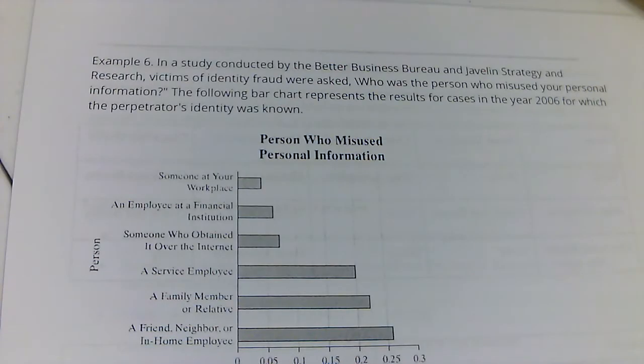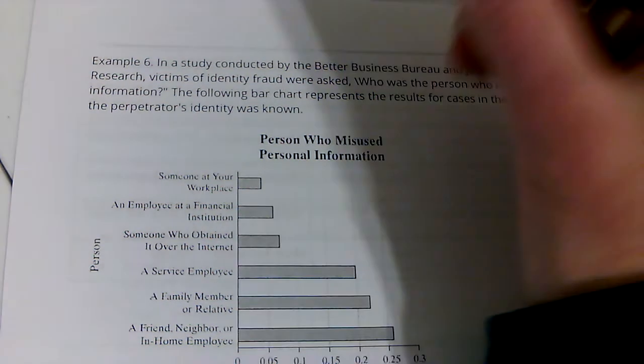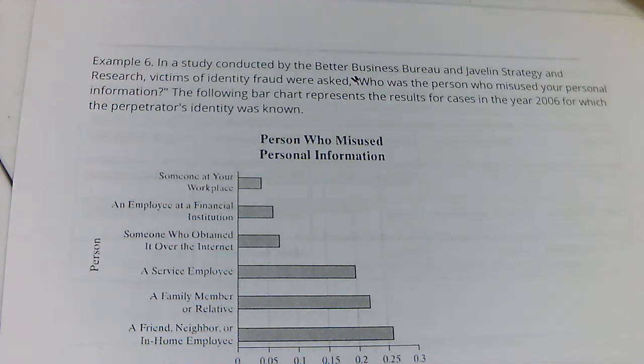In a study conducted by the Better Business Bureau and Javelin Strategy and Research, victims of identity fraud were asked, "Who was the person who misused your personal information?" This should be in quotes. I forgot to fix that. The following bar chart represents the results for cases in the year 2006 for which the perpetrator's identity was known.